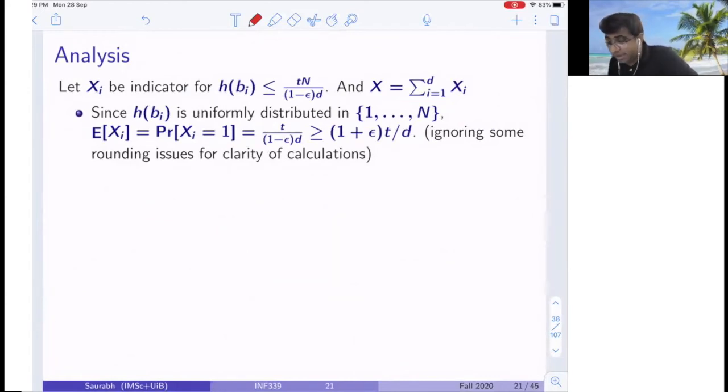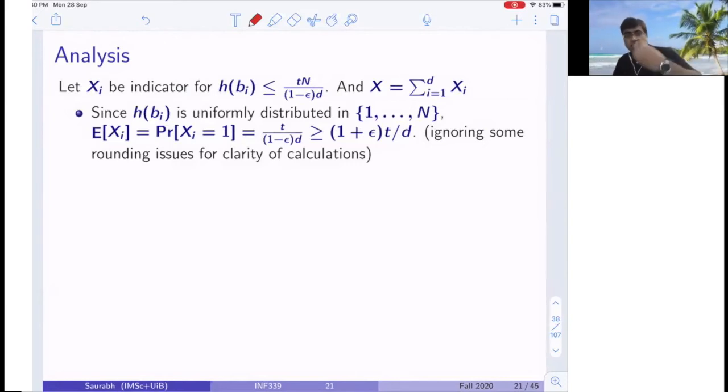Since h(bi) is uniformly distributed in 1 to n, what is the expectation of xi? It is the probability that xi equals 1, and that is t over 1 minus epsilon times d, because they are multiples of this, and you divide by n. I'm ignoring some rounding issues for clarity of calculation.